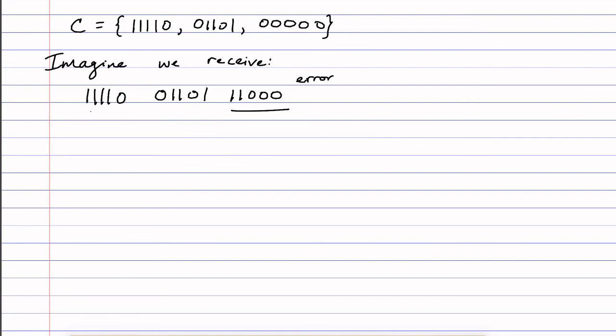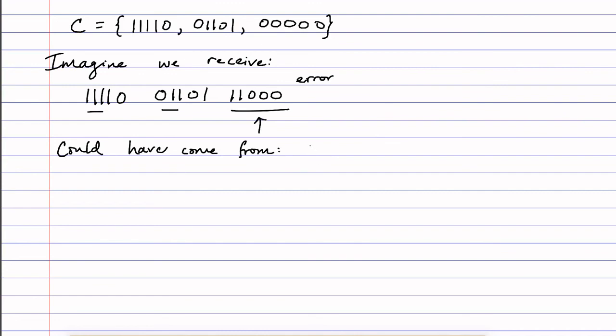And we know that these other two are not errors, because if there's only going to be at most 2 errors per code word, we can't have taken one code word in C and accidentally arrived at another one by making just 2 errors, because all of the words in C are 3 apart. All right, but let's inspect this a little bit closer. It could have come from 2 different words with 2 different kinds of errors.